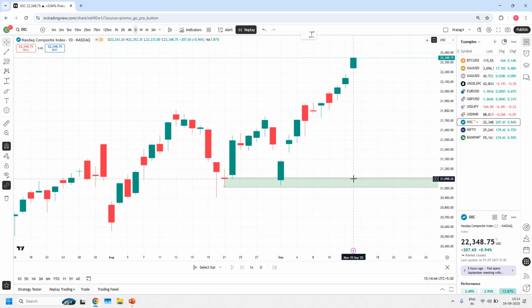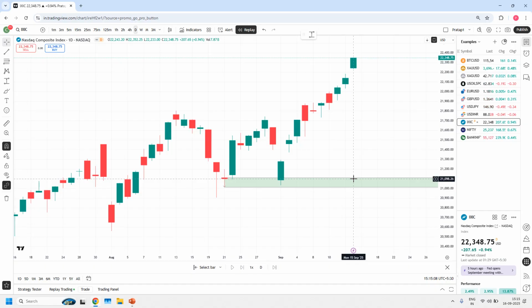You may not take the trade, but you may use this zone for target purposes. In the next chapter you will be learning trend calculations. At that time these zones will help you calculate the trends based on zone violation. Some trend calculation rules are there that we will discuss in the next video.